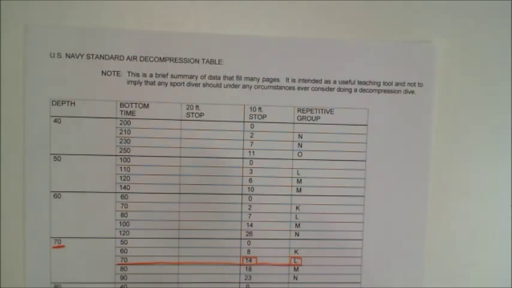For example, if I've been diving to a depth of 70 feet for 70 minutes, I come over to the right and it tells me I'm supposed to wait for 14 minutes at a depth of 10 feet to now allow the nitrogen to slowly disperse itself from my body before I come to the surface. There is a dive table problem like this in your exam, but as a recreational diver, you should not do decompression diving.